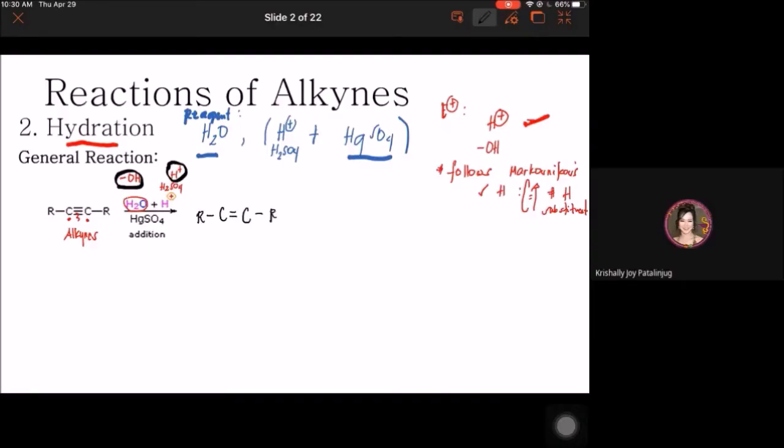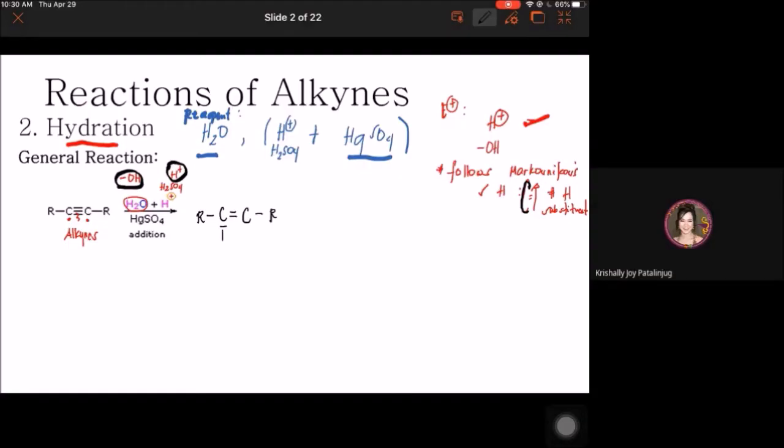So this time, the question is, where will OH be added? Where will hydrogen be added? Just take note, the carbon with the greater number of hydrogens will be the addition site of the hydrogen. Let's say this carbon contains the highest number of hydrogen substituents.